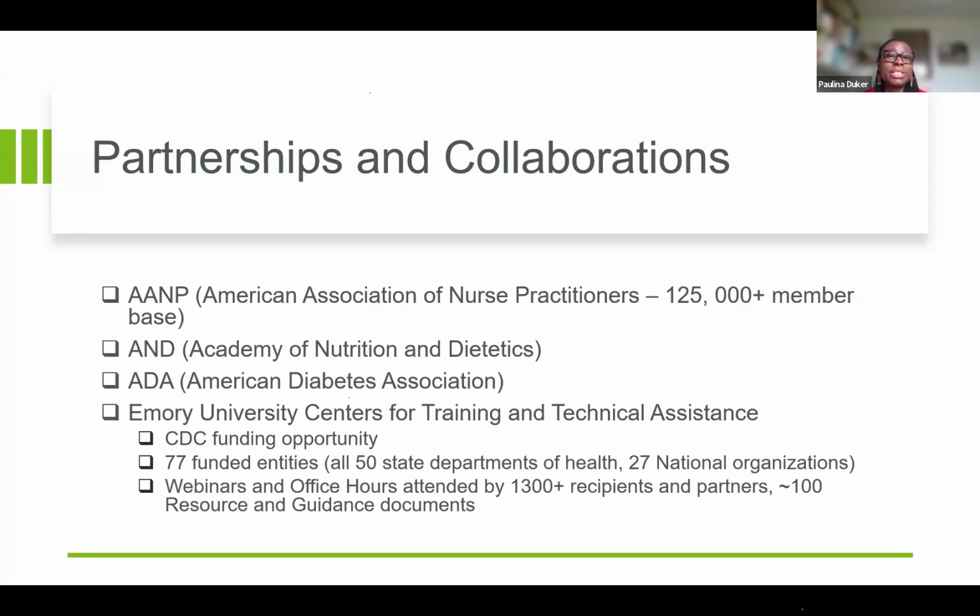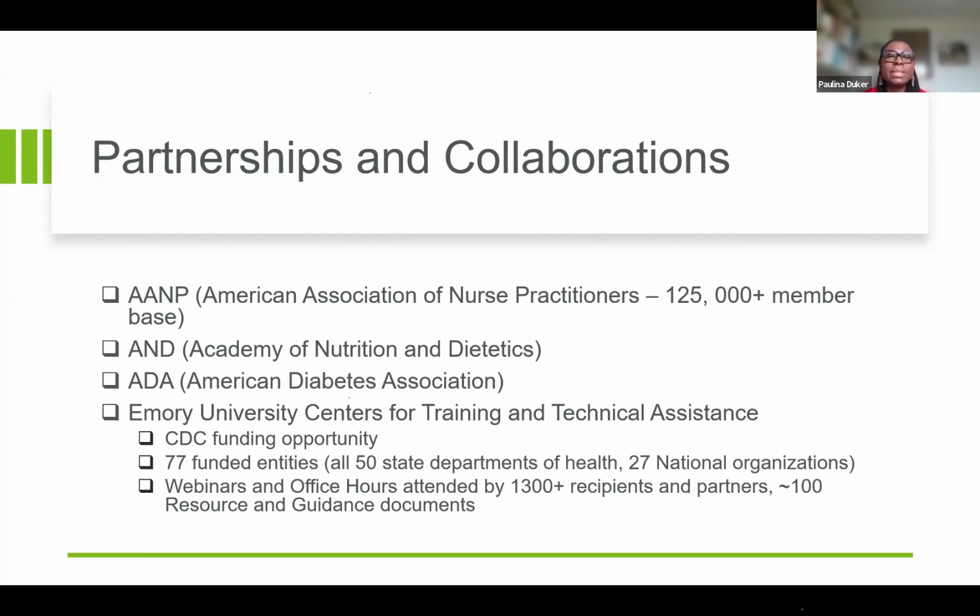One current partnership that ADCES is involved in is a partnership with Emory University Centers for Training and Technical Assistance. This is a CDC funding opportunity that has funded 77 national entities, including all 50 state departments of health and 27 national organizations. In this partnership over the next 5 years, we will support these funded entities with training and technical assistance for the funded entities and their local partners.